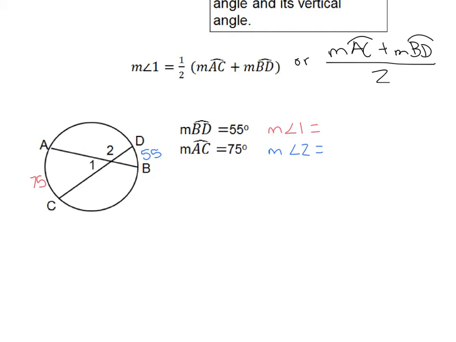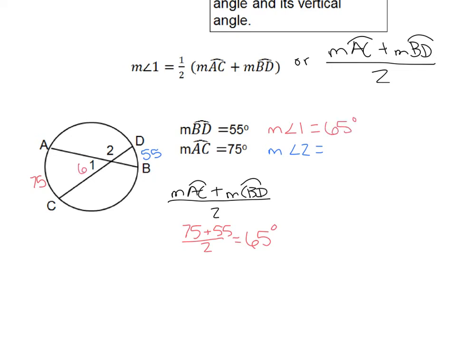So the formula states that I would take the measurement of arc AC plus the measurement of arc BD and then divide that by 2. So when I substitute that in, I have 75 plus 55 divided by 2. That's 130 divided by 2, which gives me 65 degrees. So the measurement of angle 1 is 65 degrees.